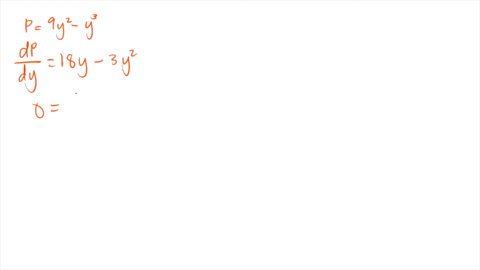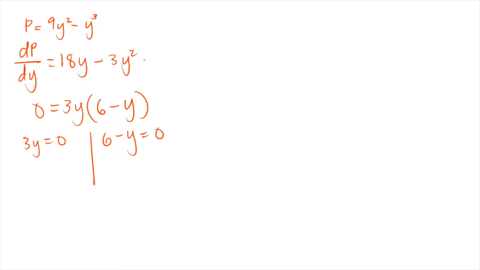We can factor out 3y, right? So that we are left with 6 minus y. This will give us two solutions: 3y equal to 0, 6 minus y equal to 0. And so we get two critical values, y equal to 0 and y equal to 6.